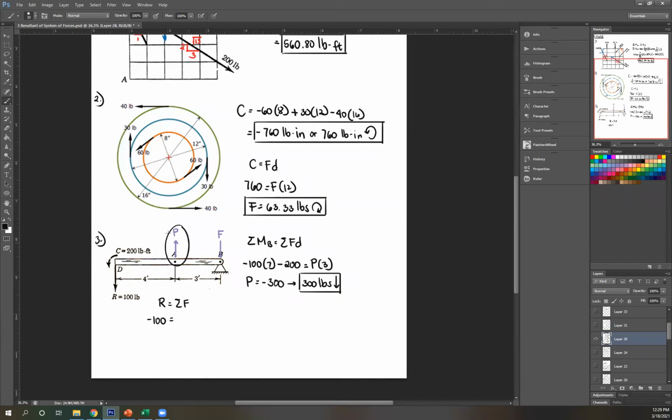My assumption is upward, so I write positive P, and then negative F, and then negative 100. Even though you wrote positive P, you now use the answer that you got, which is negative 300, minus F. Solve for F, what do we get?